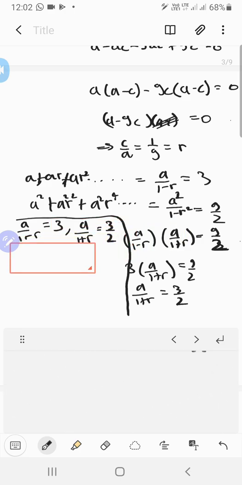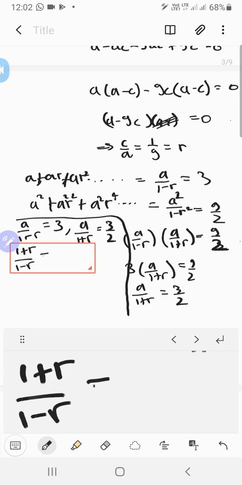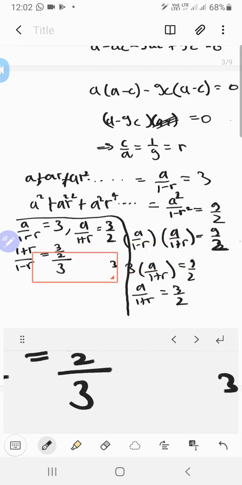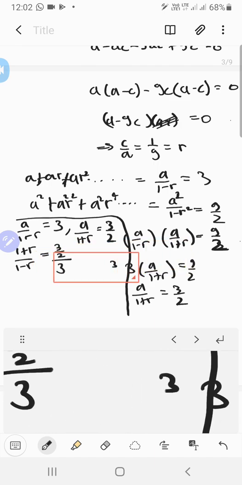That is good. So what we can do is divide these two equations to get 1 plus r upon 1 minus r equals 3 by 2 upon 3.